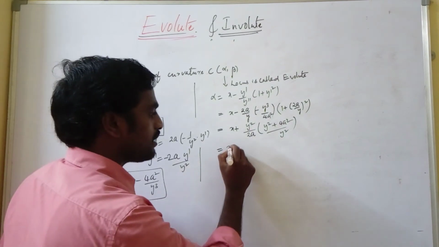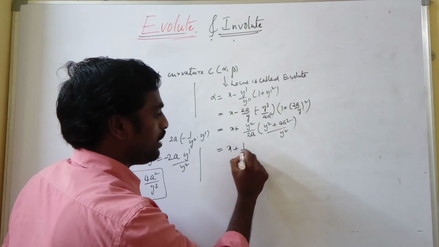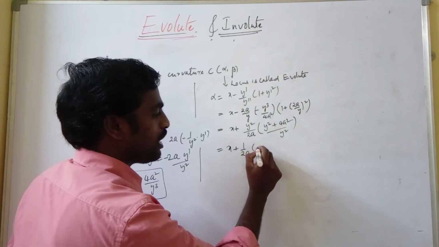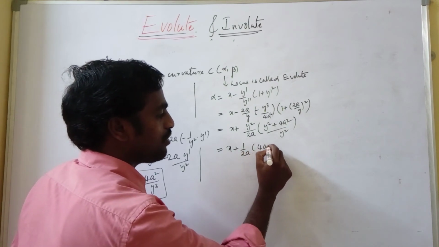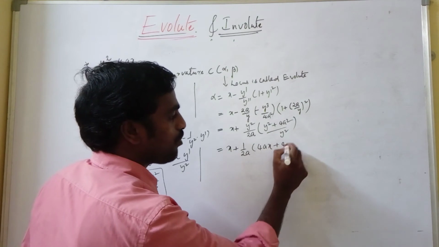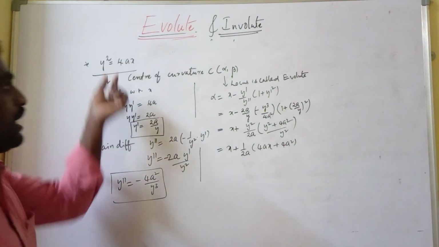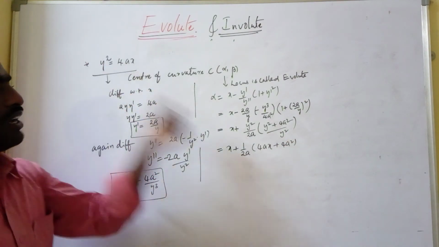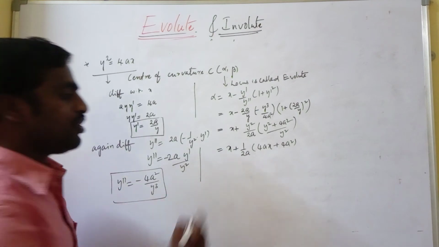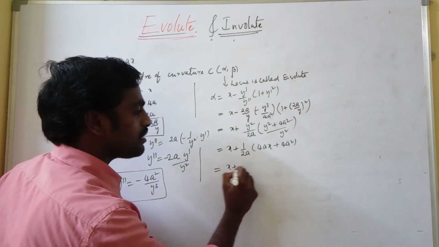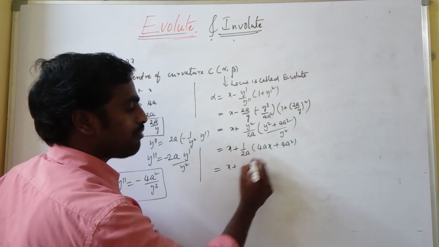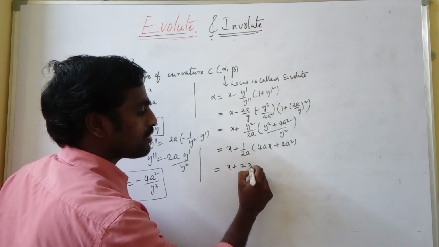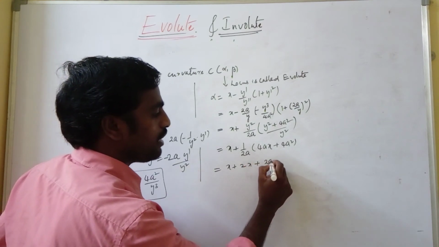Next, x plus 1 by 2a into y square plus 4a square. From the given equation y square equals 4ax, I substitute that in this equation. So finally you get x plus 4ax plus 4a square by 2a, which gives 2x plus 2a.